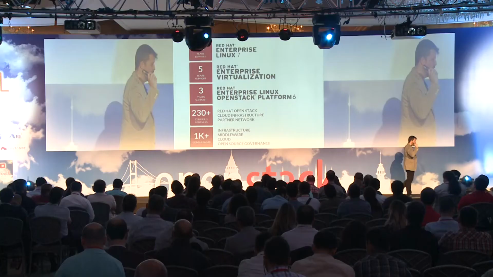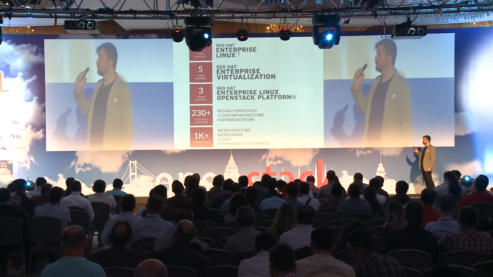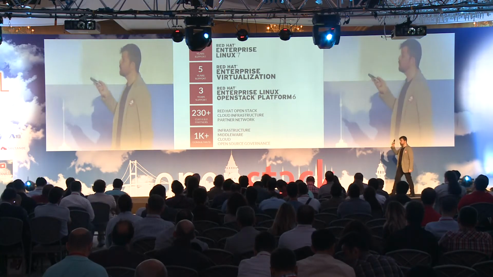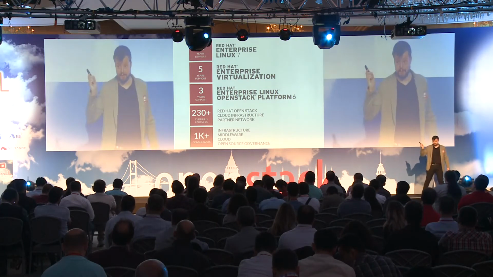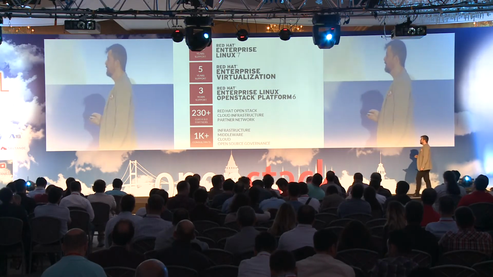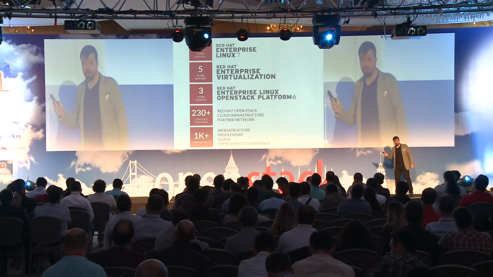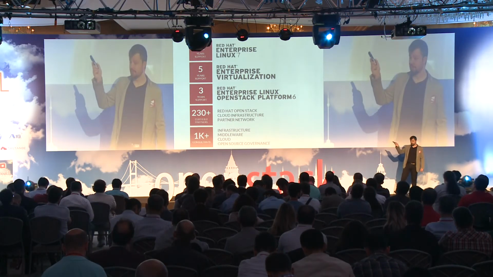But we also recognize that open source software needs to be complemented by a number of services to be made consumable by enterprise customers. And that's why we offer 10-year support for our operating system, one of the longest support on the market. And we recently raised our support for Red Hat Enterprise Virtualization to 5 years. And we are working hard to have the same level of support even for our OpenStack distribution.